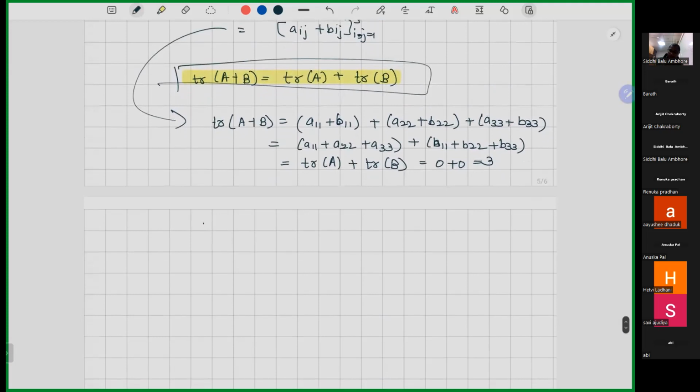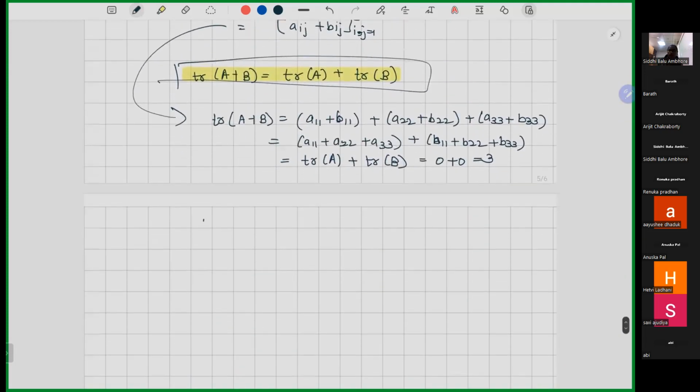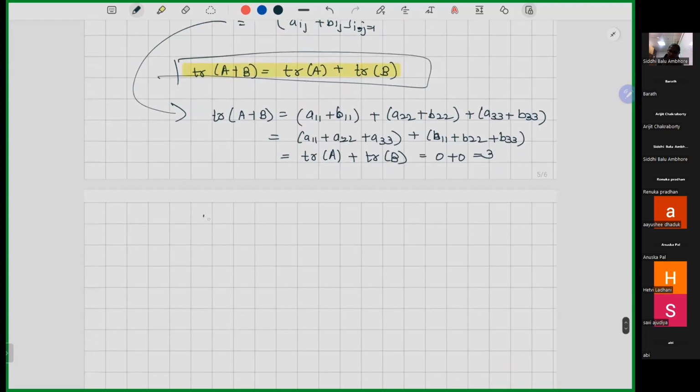And further, we want to check whether it is closed under scalar multiplication or not. So how are we defining scalar multiplication here? It will again be the multiplication of the scalar to each component.